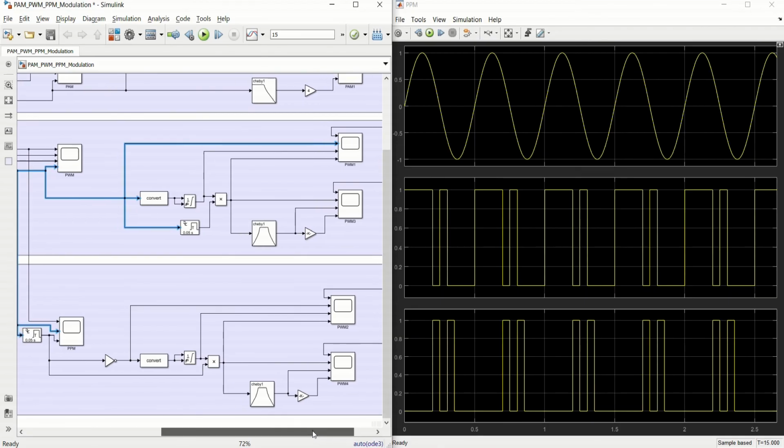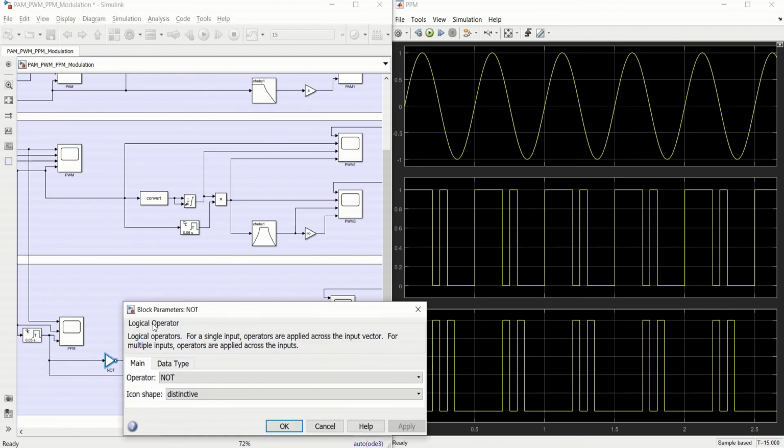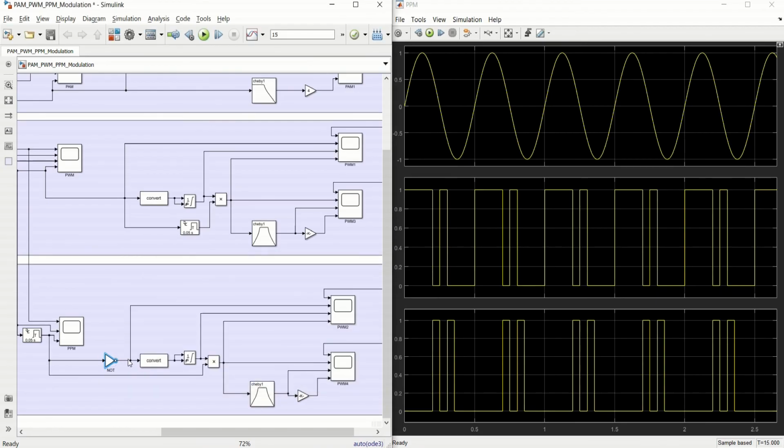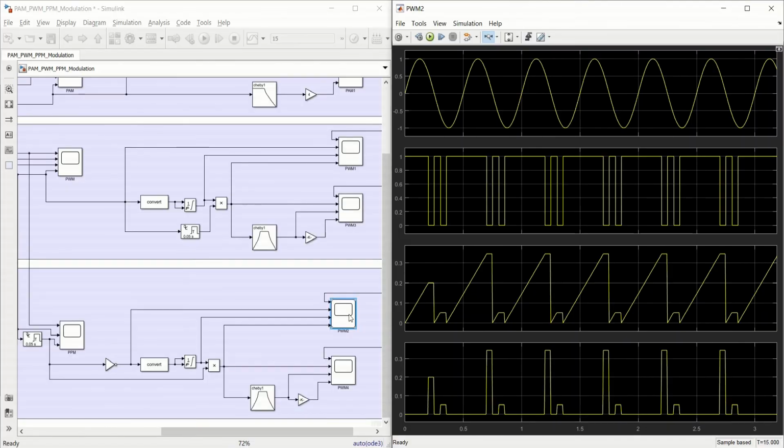Specifically, from the modulated signal over here, we pass that signal to a NOT gate, that is a logic operator which is NOT, and the output of this NOT gate is fed to this scope, right? So let us open this scope side by side. In this scope, the first signal is the message signal.